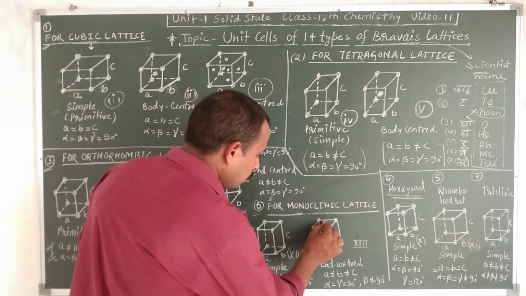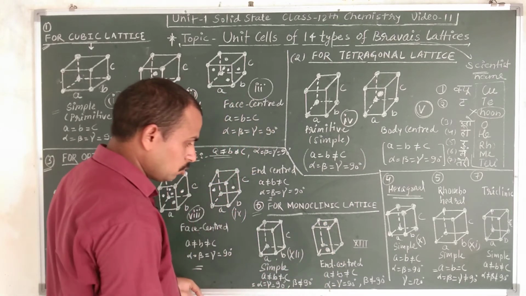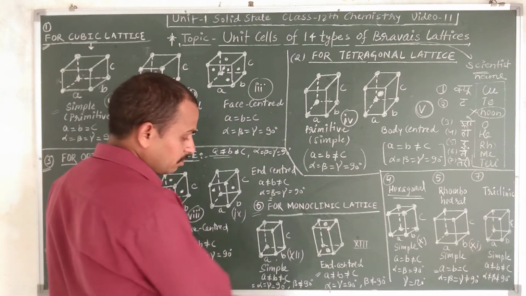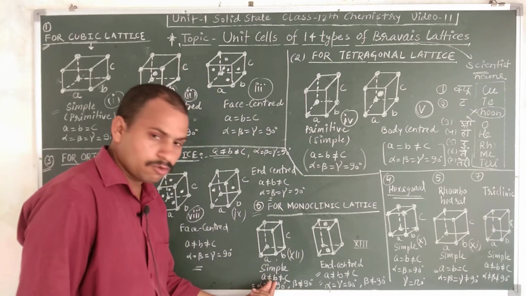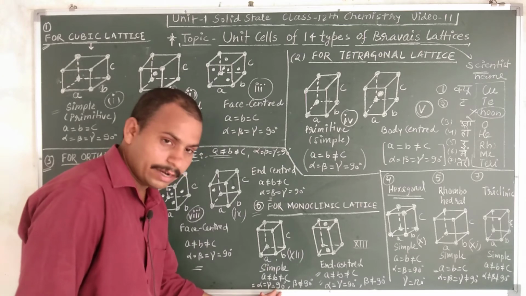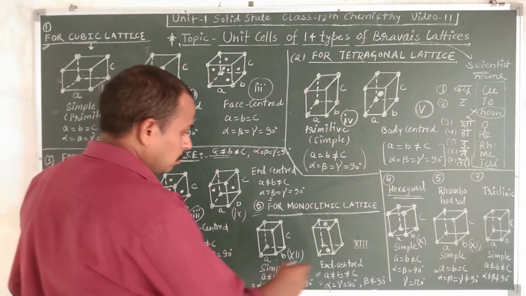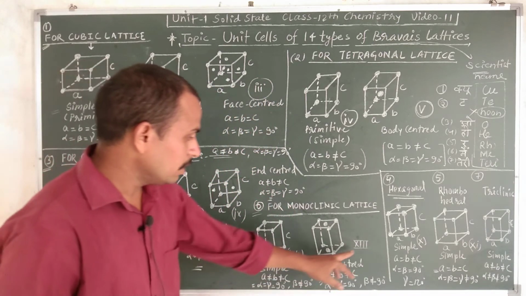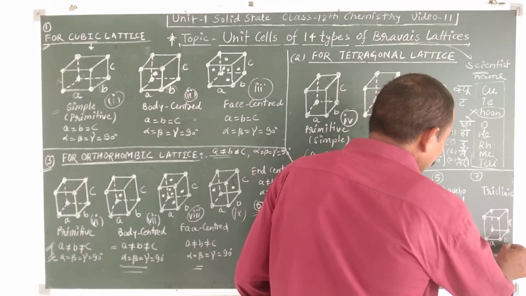The axial lengths and angles are the same: A does not equal B does not equal C, alpha equal gamma equal 90 degrees, but beta is not equal to 90 degrees. So 12 and 13, and the last one is the 14th unit cell.